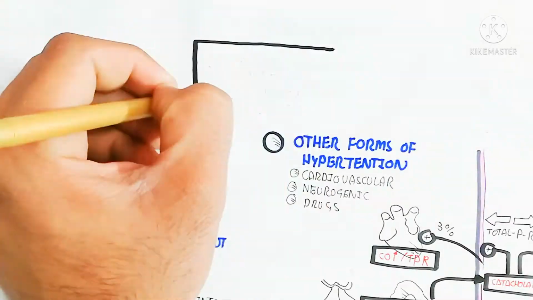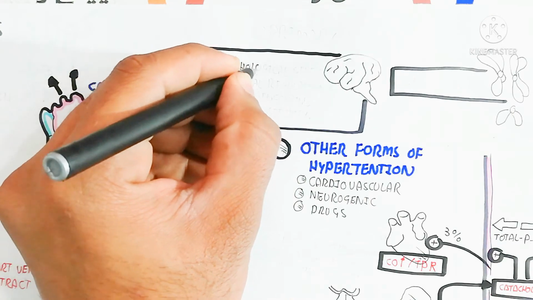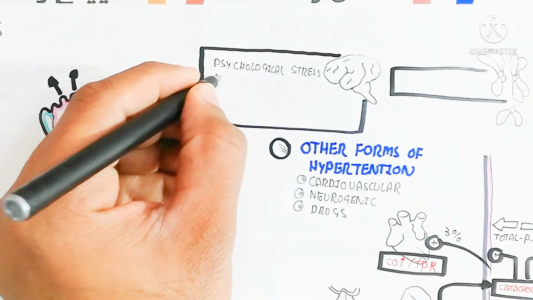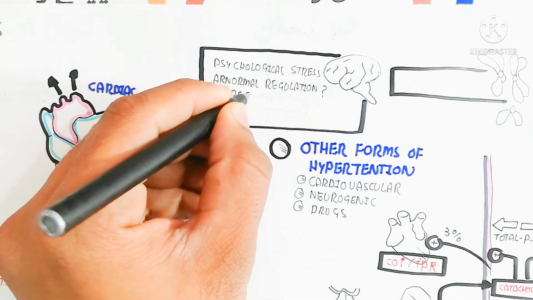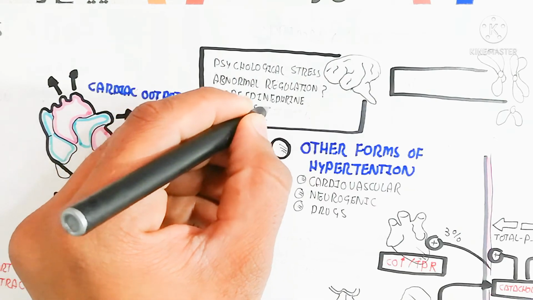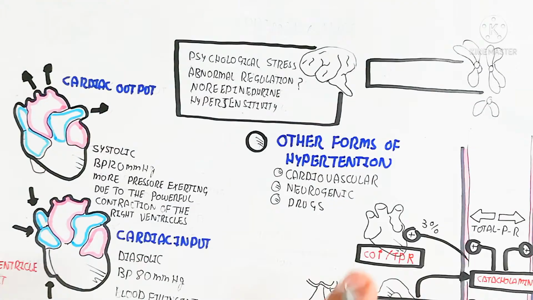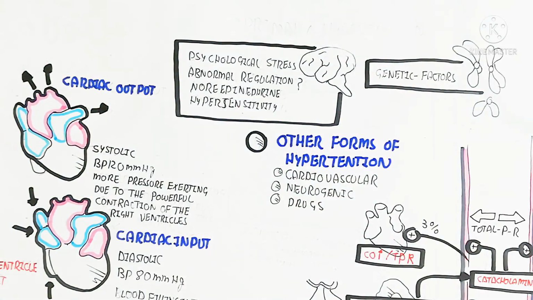When the input of the drug is more, the heart rate will be more. And psychological stress, abnormal regulation of norepinephrine, and hypersensitivity will also lead to increased cardiac output, and cardiac input will decrease but cardiac output will increase.